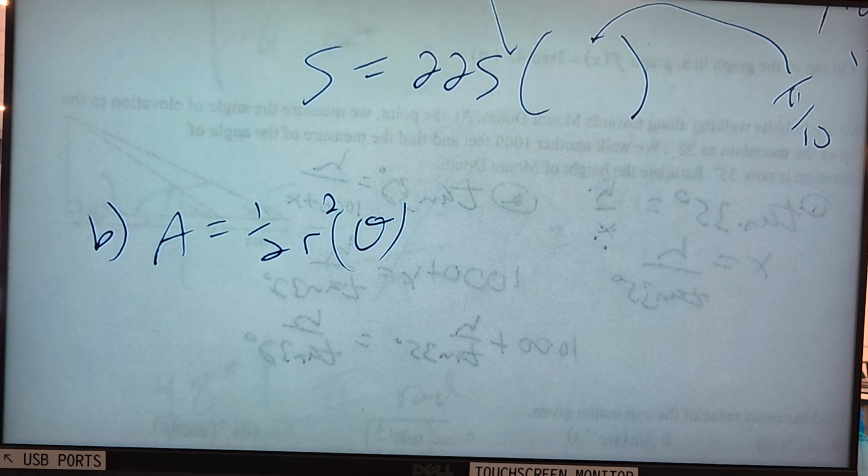I would just find the full circle and then divide it by 20. Oh, I see. So on the test, I'm going to say specifically, use the arc length formula, use the area formula. Just so we get used to this. So B is that form.